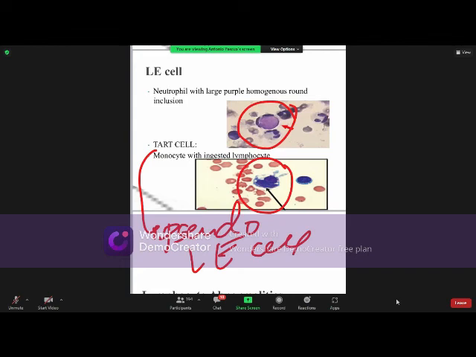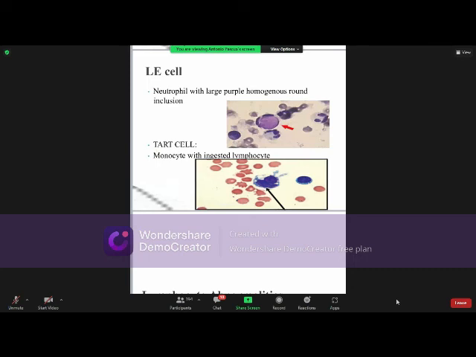So sir, how do I know which is which? So if you will examine Buffy coat specimen and you stain it, if it's an LE cell, look at the staining pattern. Your LE cell looks smooth. Smooth because it is evenly stained. Diba? Walang mga spaces. Unlike if it's TART cell, it looks rough because there are unwanted spaces, there are vacuoles, or in short, it is unevenly stained.